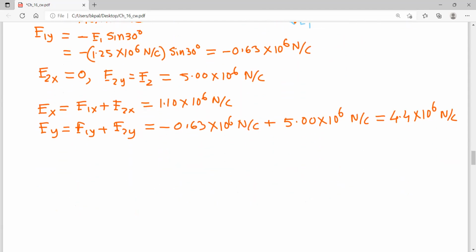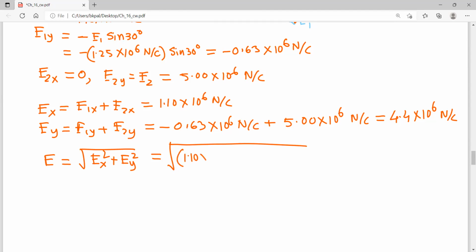So E is the square root of Ex squared plus Ey squared, 1.10 times 10 to the power 6 squared plus 4.40 times 10 to the power 6 squared. Don't forget the square. If you plug these values correctly in your calculator, it should give you 4.5 times 10 to the power 6 newton per coulomb.